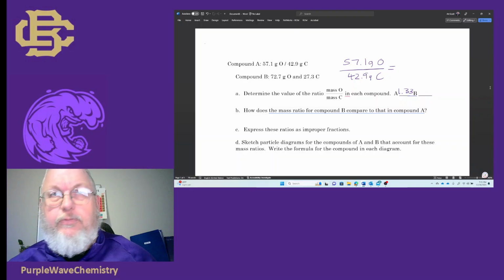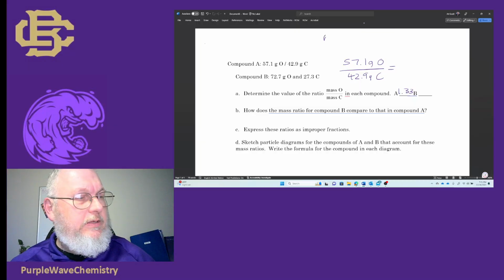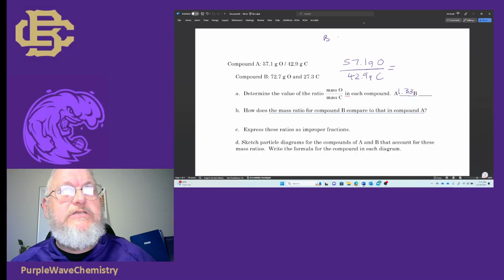Let's look at the second one. All right, so the second one, B, I've got 72.7 grams of oxygen and 27.3 grams of carbon.